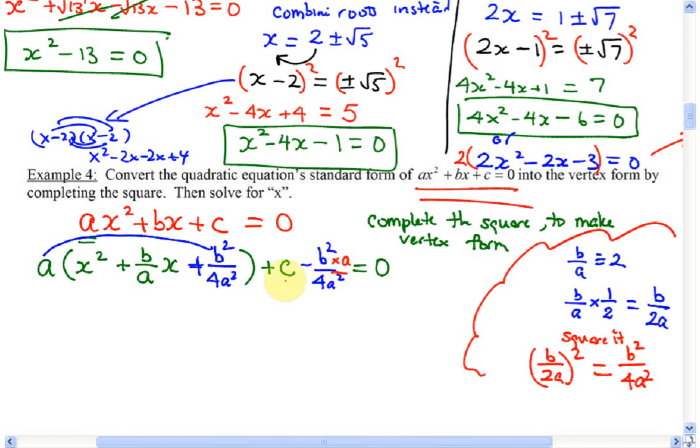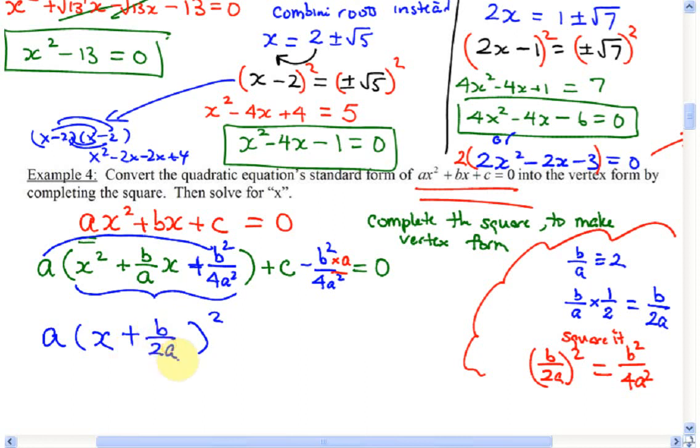Okay, ladies and gentlemen, let's keep going. Now, how do we simplify this trinomial? This is a, and what does this become? X plus, good. Plus what? Yeah, b over 2a.